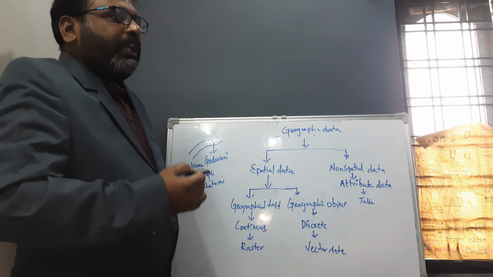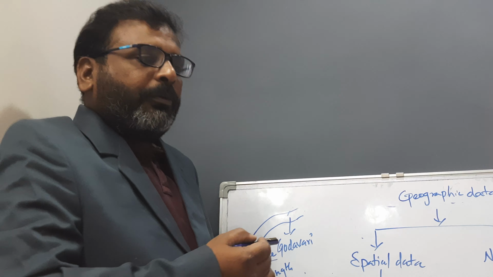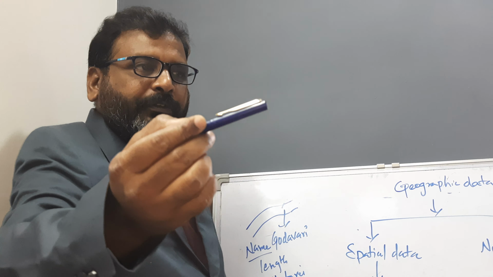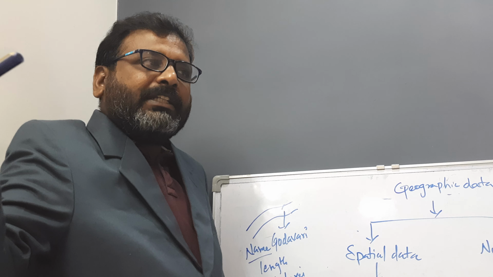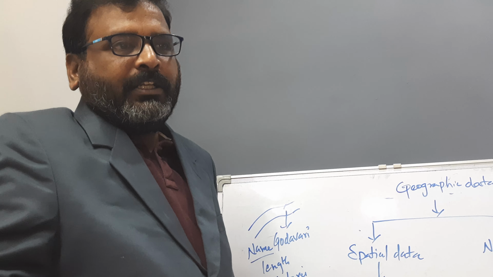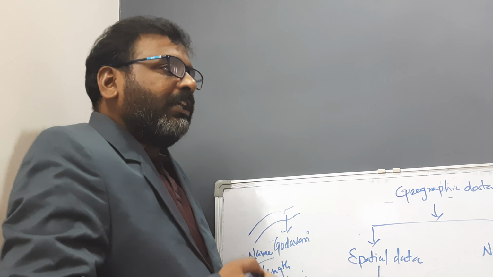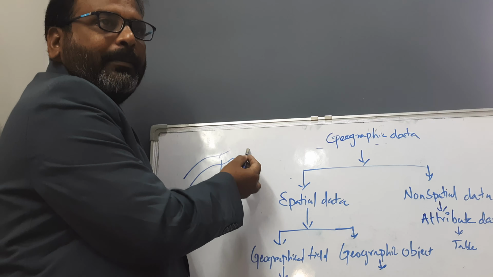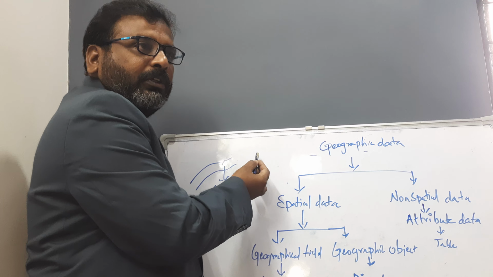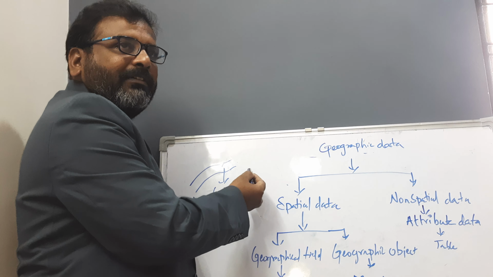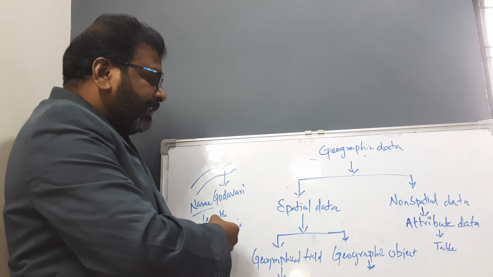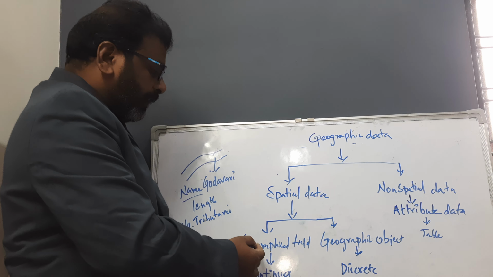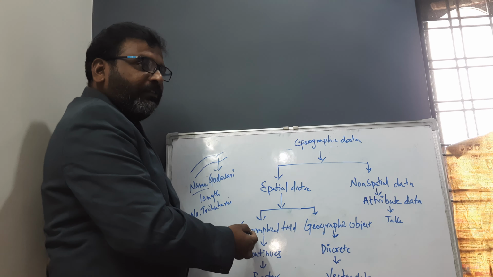For example, topography is continuous, wherever we go we can get the elevation. Another thing is temperature. Wherever you go you can get the value of the temperature, and pressure also. Wherever you go you will get the value of pressure. So this is a continuous one that we call a geographic field.